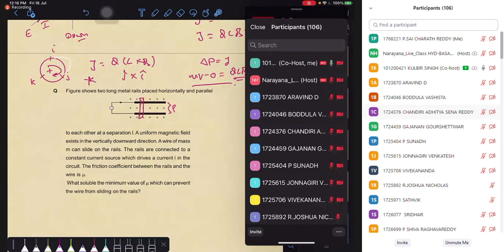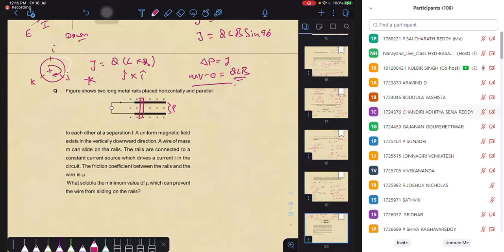If you think from the side view, let me make a side view here. In the side view, this is my rail, and the rod is going to look like a block. Rod, you can think of as a block. That's my rail from the side view, and this is the rod from the side view.